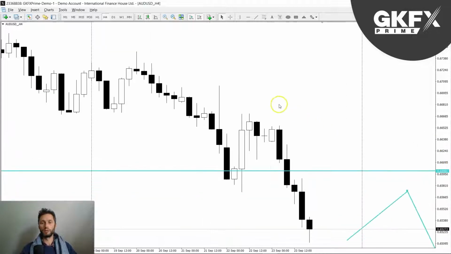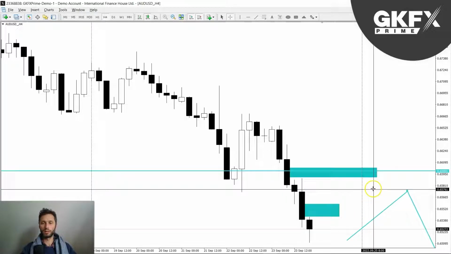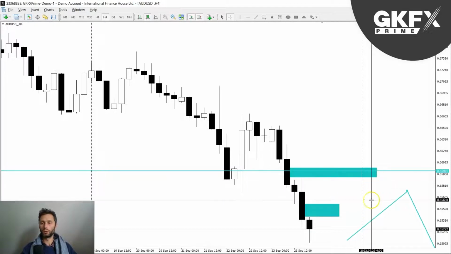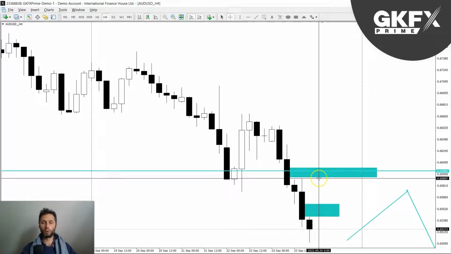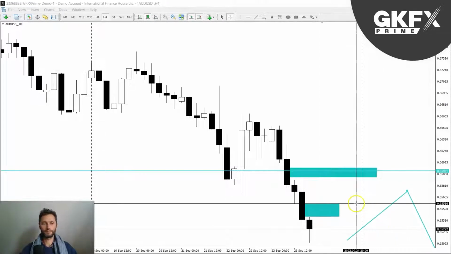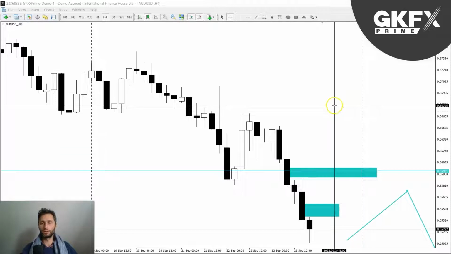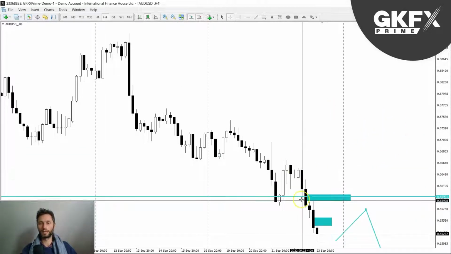The first area I'm going to look for a nice better price would be right here. And then if we breach that and do not see a reversal on that area, I'll be looking for this one as a retracement and pull back to the level here where we broke from originally. So yeah, lower prices on Aussie dollar. Let's see if we get that other swing.